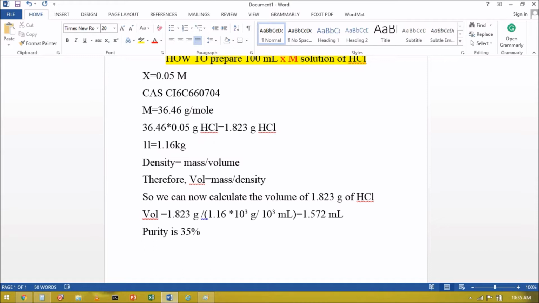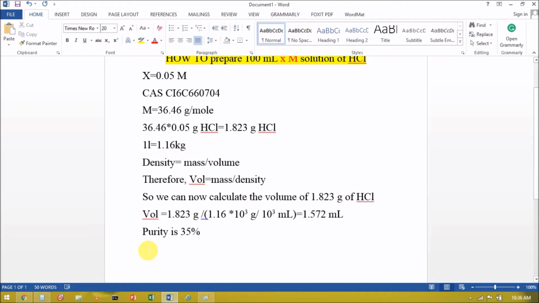This means that if you take 100 milliliter of HCl from your stock bottle, you will only get 35% of HCl in that. So if we take only 1.572 milliliter of HCl, then we will only have 35% of HCl in that, and the rest is water.